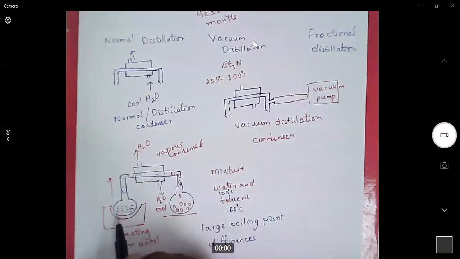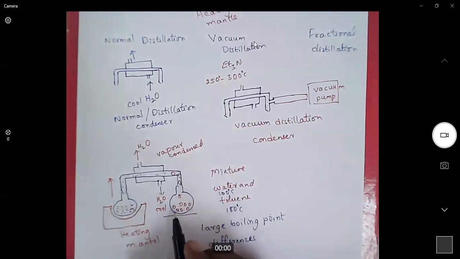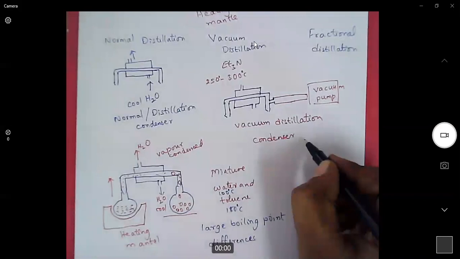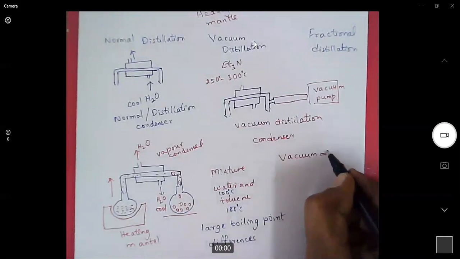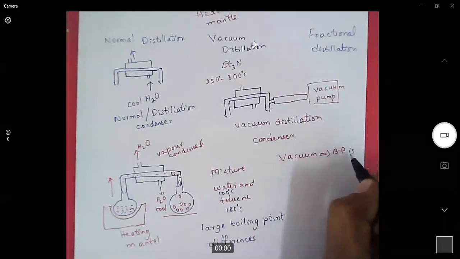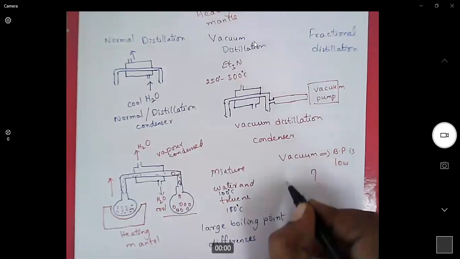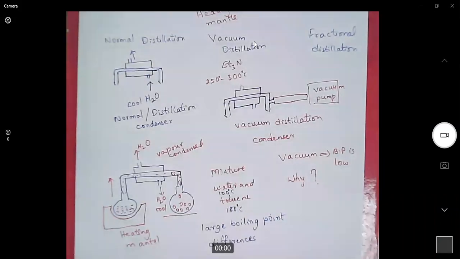Now, what is the boiling point of a compound in vacuum and without vacuum? Under vacuum, normally liquids will boil at a very low temperature. Why? Anyone? Why do solvents boil at a lower temperature in vacuum than normal?